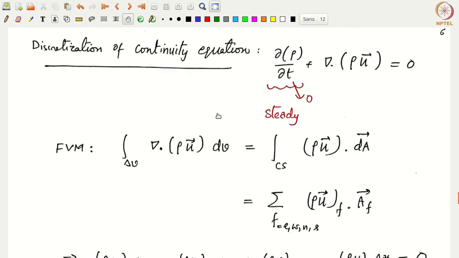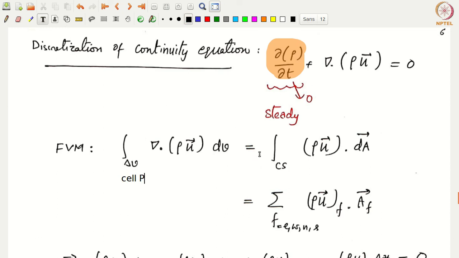The continuity equation is partial rho partial t plus del dot rho u bar equal to 0. Because we are assuming steady flow, the first term goes to 0, so we don't have the partial rho by partial t term. The only thing we have is del dot rho u bar equal to 0. If we apply the finite volume method, we integrate this over cell P, that is, integrate dV over cell P. So the integral of del dot rho u bar dV equals 0.